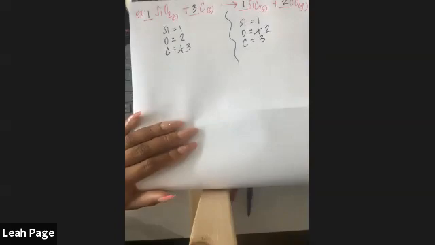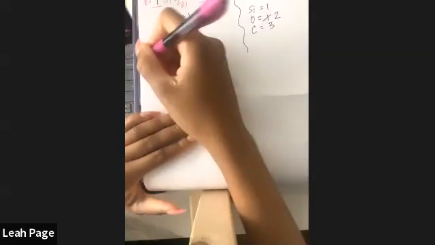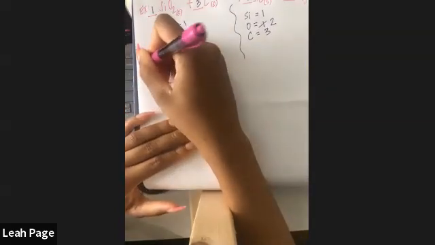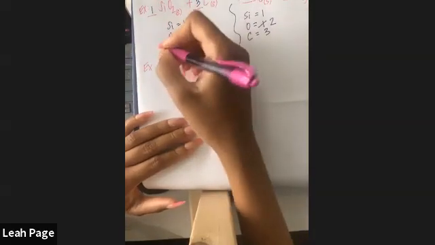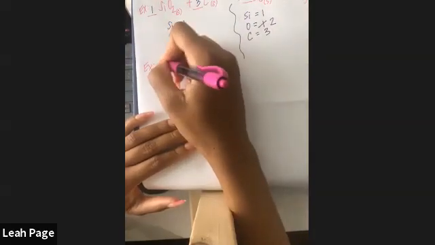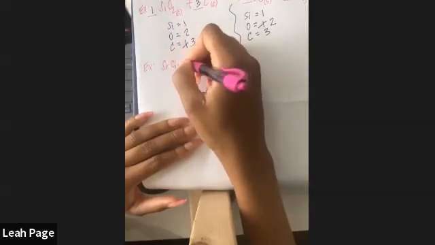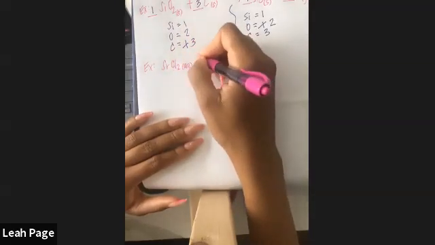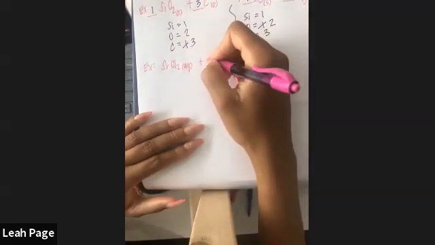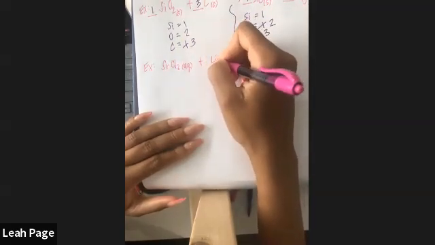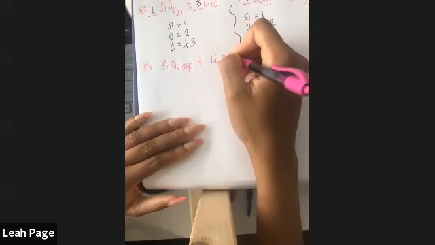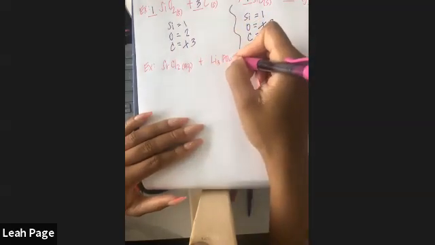My next example, now I'm going to do one that has a polyatomic ion. All right, so let's say we have strontium chloride and it's aqueous, plus lithium phosphate and it's aqueous.